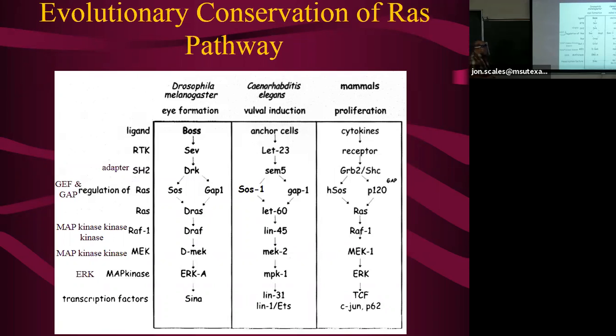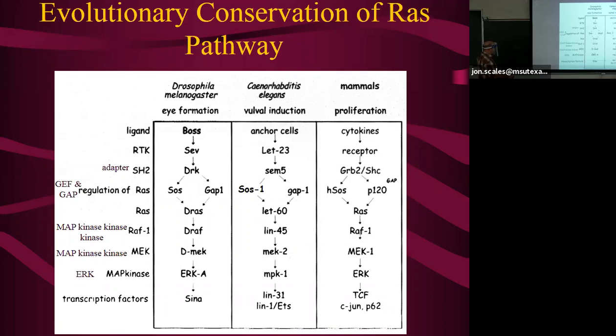So some of the individual members. In this case, one of the ligands is called BOSS, the receptor is called sevenless, and this adapter protein is called downstream of receptor kinases, and then you have the GEF called son of sevenless, because that receptor was called sevenless. Then Drosophila RAS, the RAS name was already there, so they just used it.